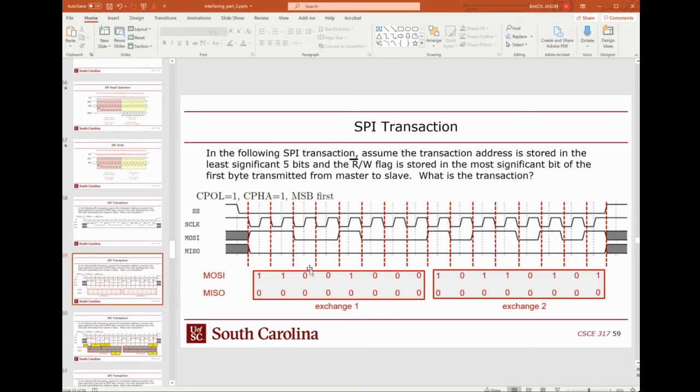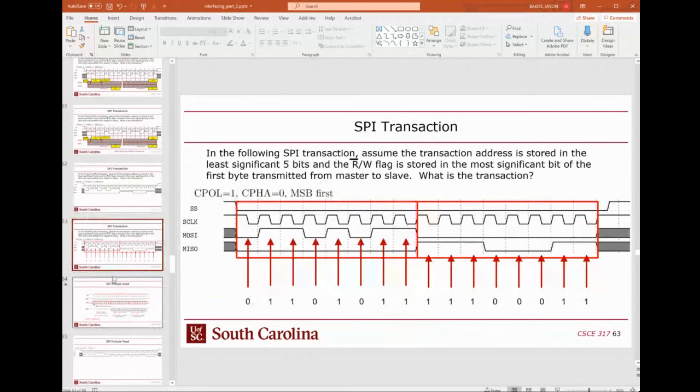But again, if you draw your lines on there, you can see where the bit slots are, and then you're just looking for whether MISO and MOSI are 0 or 1 during each one of those slots. SPI can be least significant bit first or most significant bit first, so that would be another setting, obviously. So there's actually 3 bit settings for these channels: CPOL, CPHA, and LSB first or MSB first.